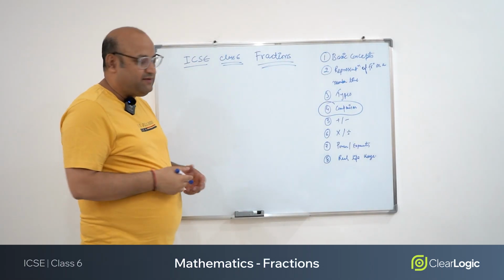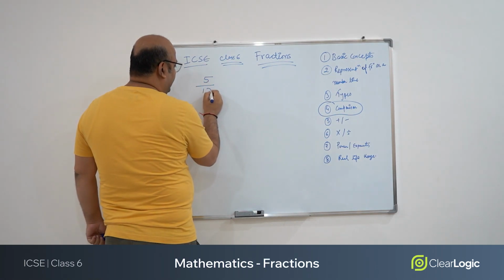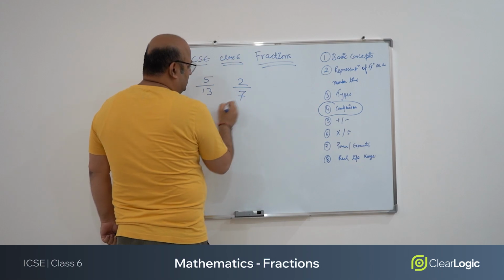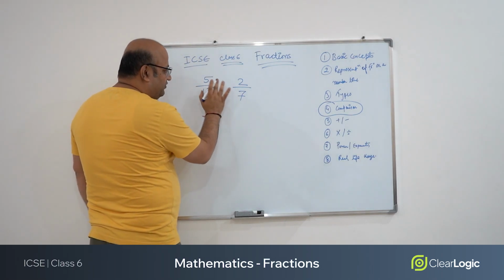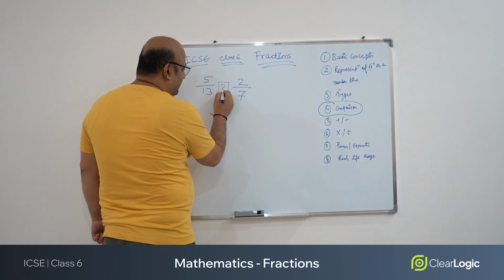So let's take another example. Let's take 5 by 13 and 2 by 7. Don't put any mark for which one is greater or lesser. You just put a question mark here, right?